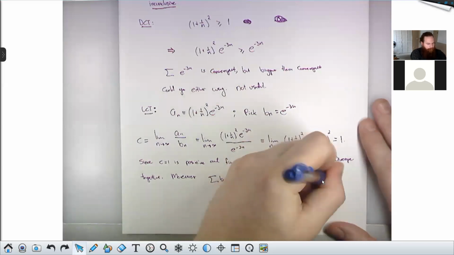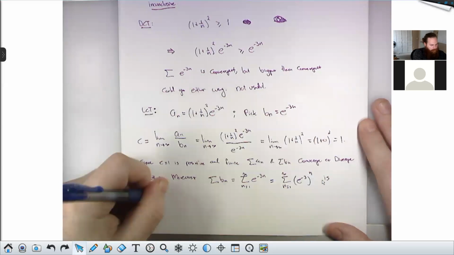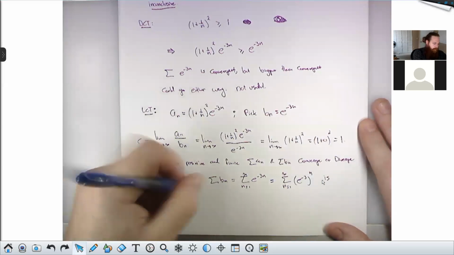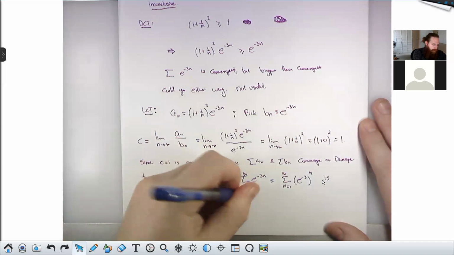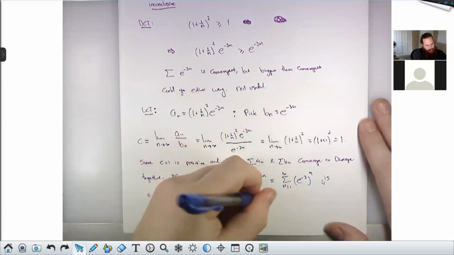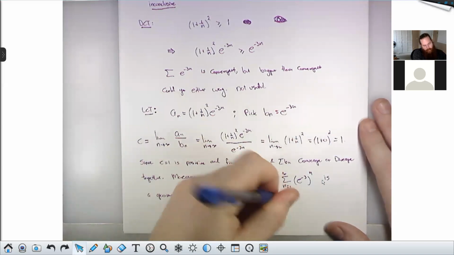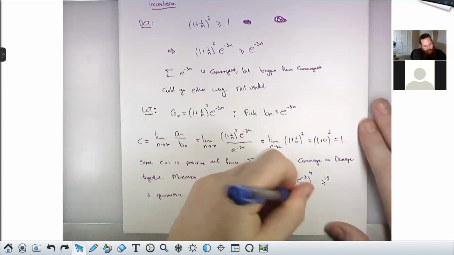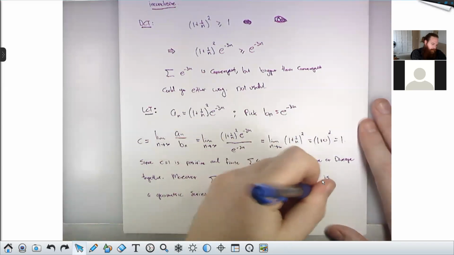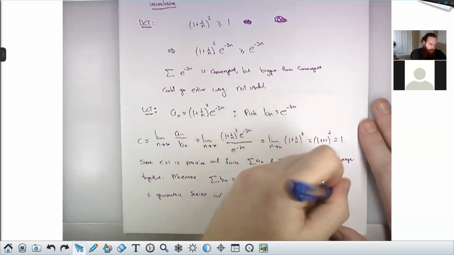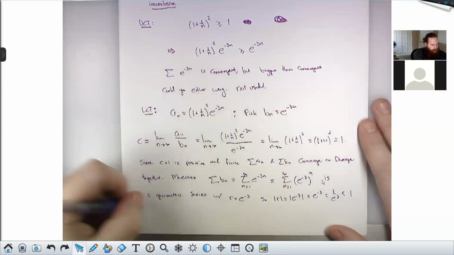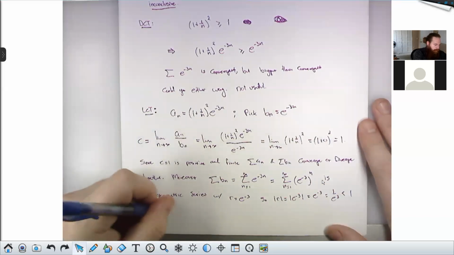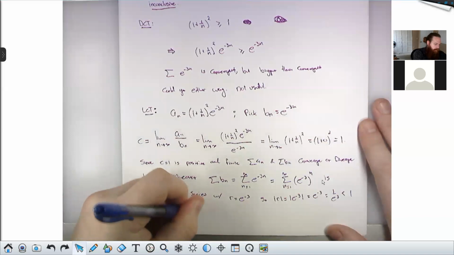This is a geometric series with common ratio r equal to e to the negative 3. So the absolute value of r is e to the negative 3, which is 1 over e cubed, which is smaller than 1. So sigma bn converges.